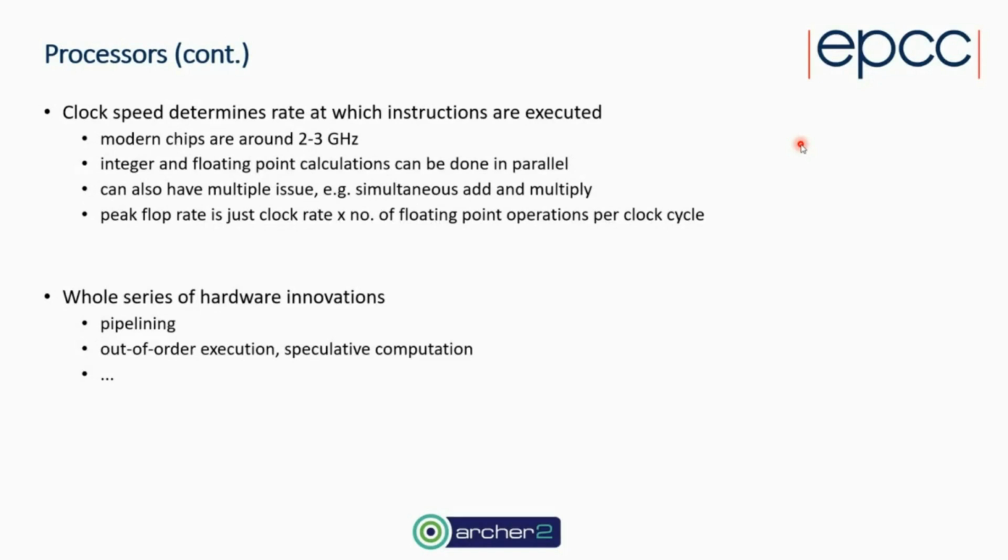Or the processor can speculatively execute instructions even if it's not quite sure that they're going to happen yet. And this is, of course, all to do with branches in code. If you have if statements in a code, or if you have a loop, the processor won't actually know which instruction to execute next until that instruction is finished.